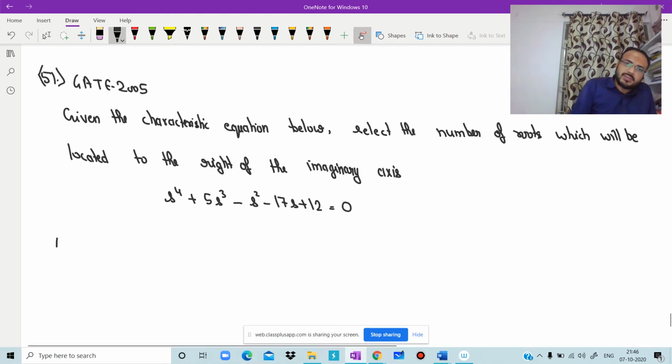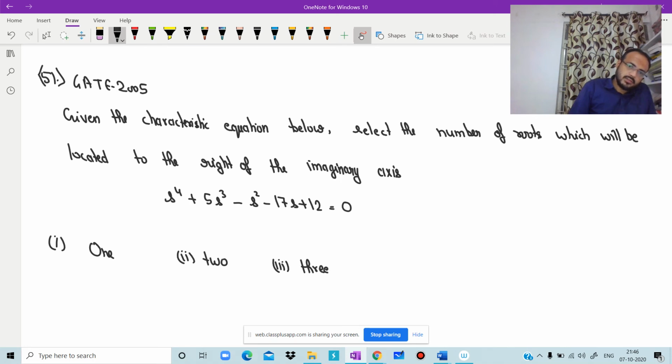If you use the concept, you will get the right answer: 1, 2, 3, or 4 or 0. Solve it. Number of sign changes is equal to this one, so calculate. Again, you have 2 minutes.